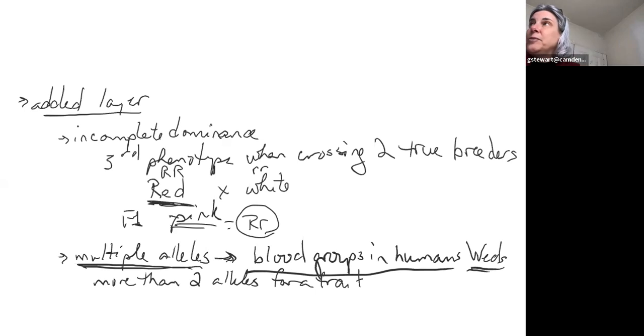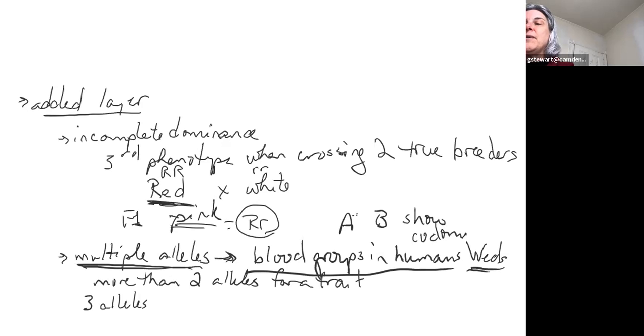And blood groups in humans is a good example, because in humans we have 3 alleles for blood type. And it's extra complicated, because it's not only multiple alleles, but allele A and B show co-dominance. So notice how I wrote both of them as capital letters, because they are both dominant alleles.